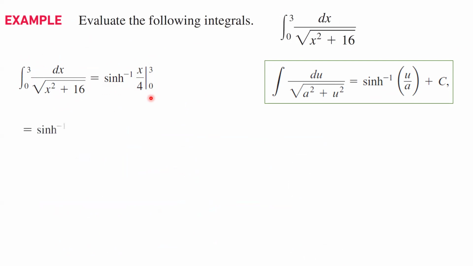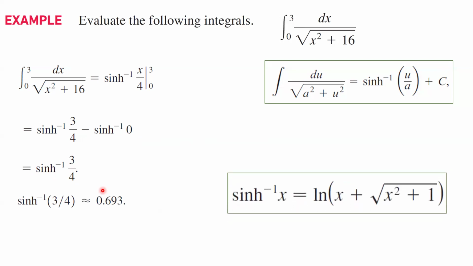This can be written as inverse hyperbolic sine of 3 over 4 minus inverse hyperbolic sine of 0. Hyperbolic sine of 0 is equal to 0. So you end up with inverse hyperbolic sine of 3 over 4. You can use a calculator and simplify this, or you can use the definition of inverse hyperbolic sine of x, which is ln of x plus square root of x squared plus 1.